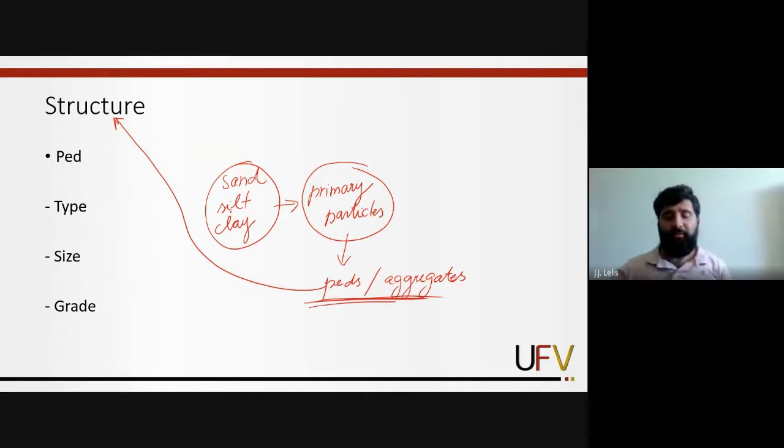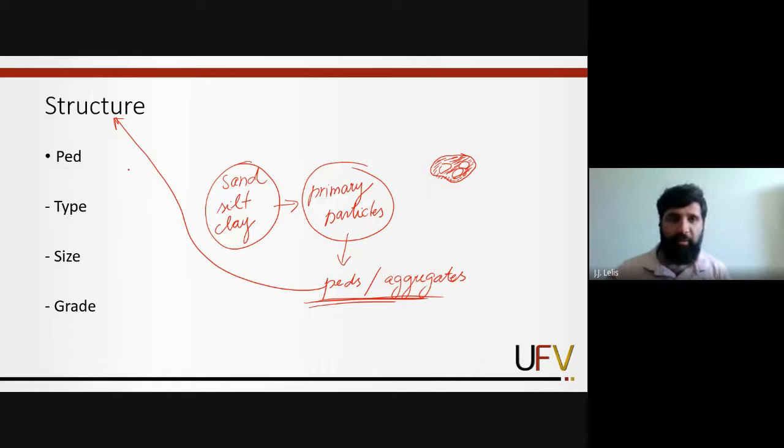So if I describe a soil that has a lot of sandy particles, and the sandy particles are covered by a thin, clayey material, and this material is together, I can see it in this way, and I should describe the structure.